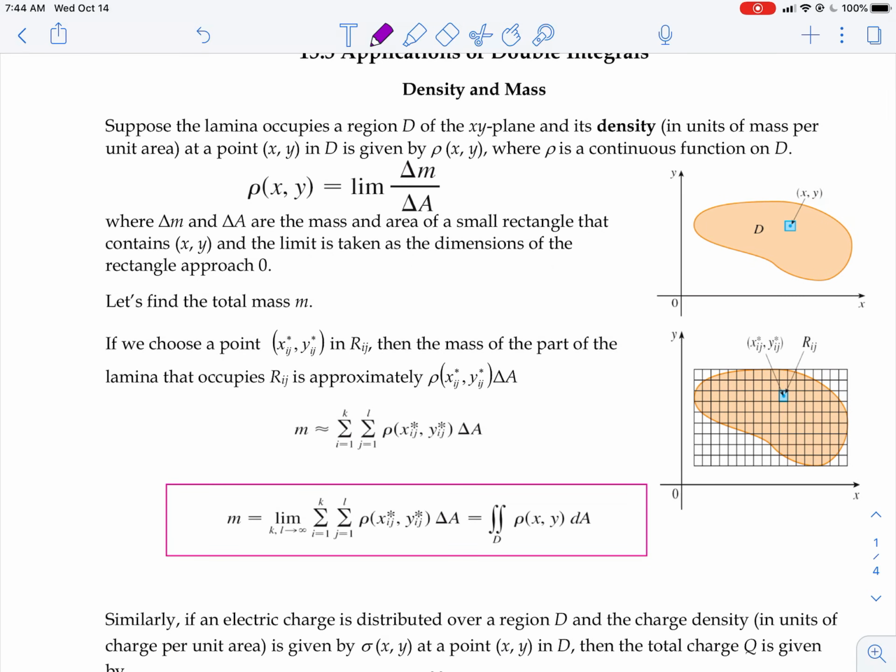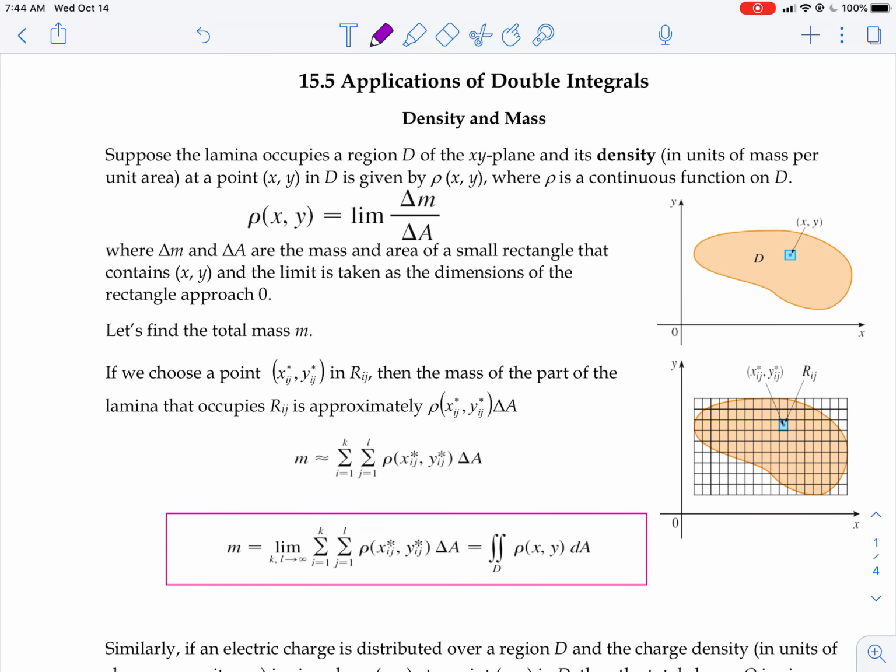Well, one thing that it also does that I don't know if it was really preached in Calc 1 is that it also helps you find mass. If we're talking about just a single integral, that helps you find the mass of a string.